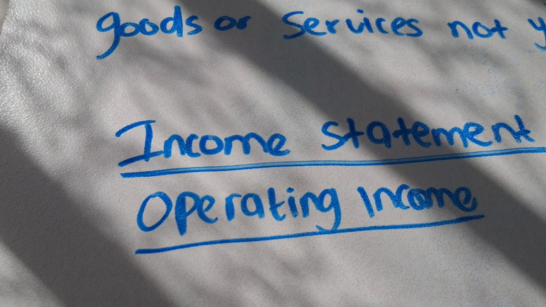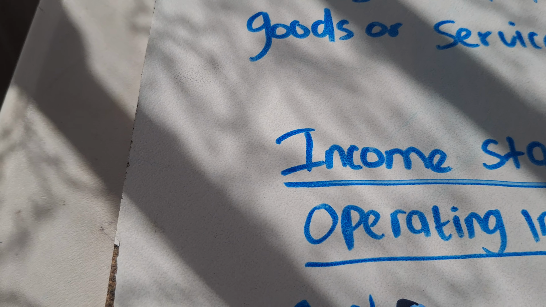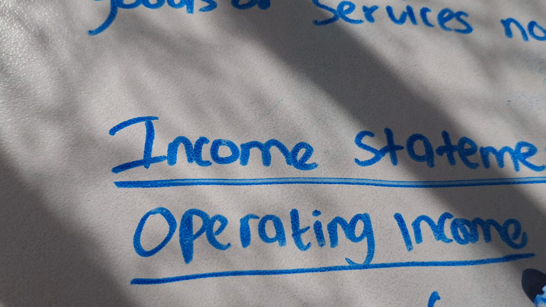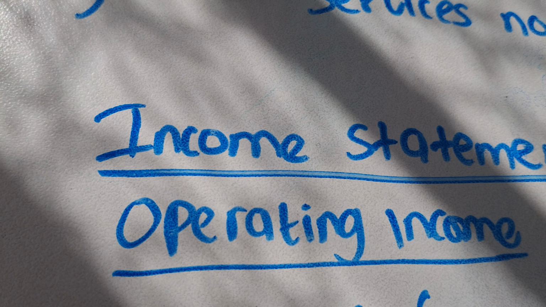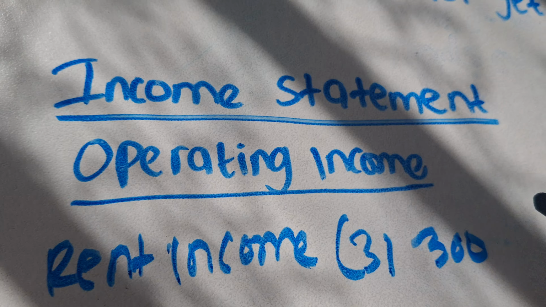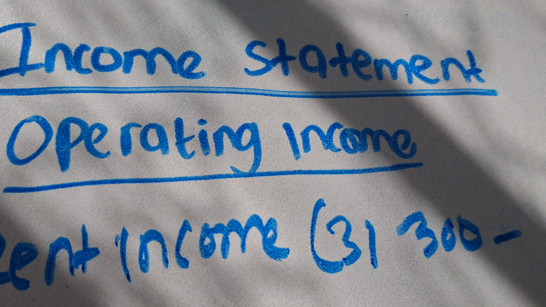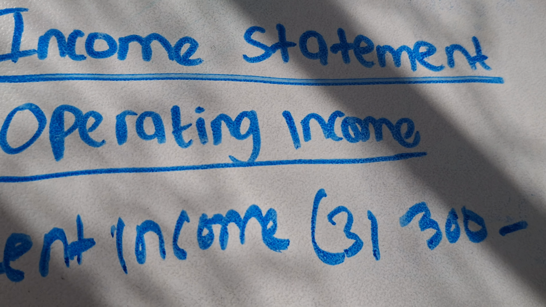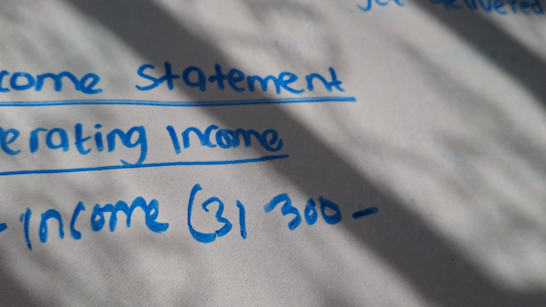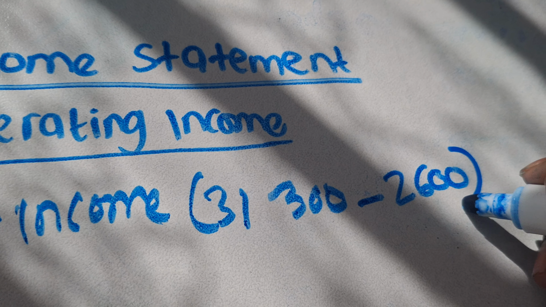We'll go to operating income, and then we'll have rent income. We know that in the trial balance, they've given us 31,300, right? Minus the 13th month, because it belongs to the 2025 financial period. It does not belong to this period. So we say 31,300 minus the 2,600 that we calculated as income received in advance.